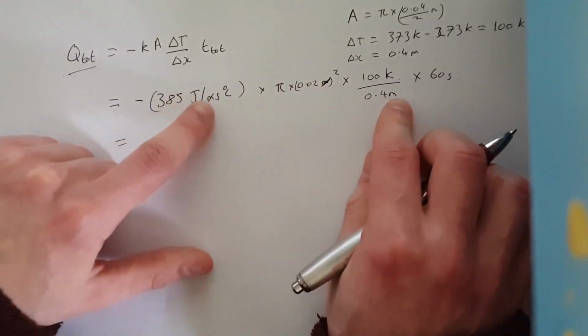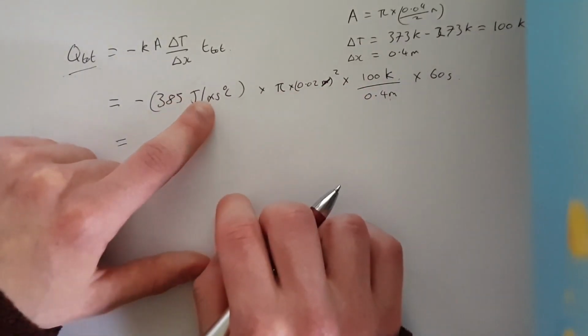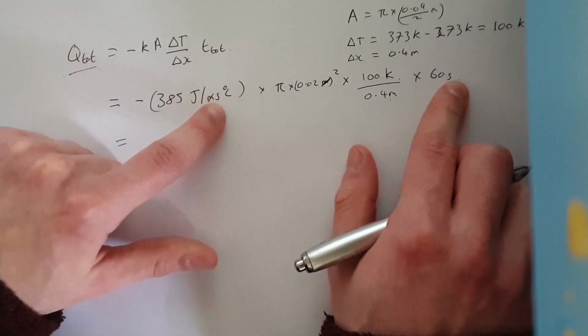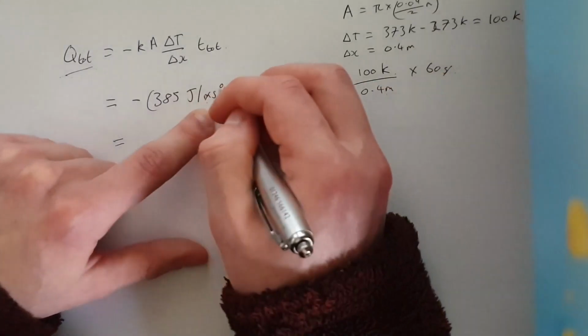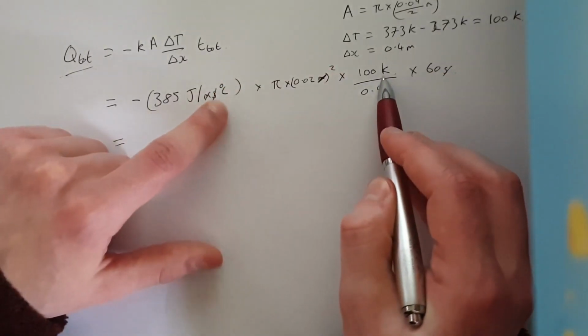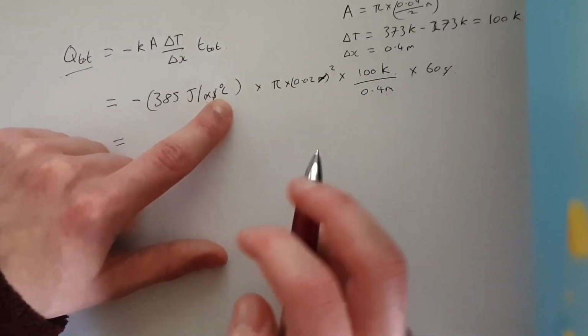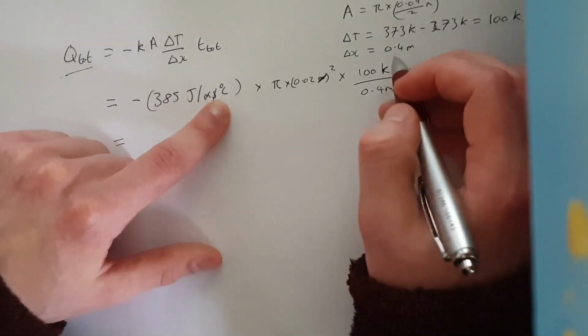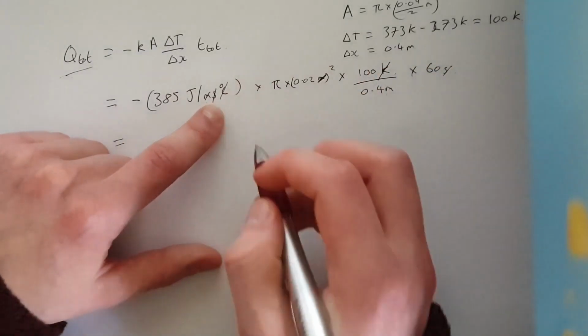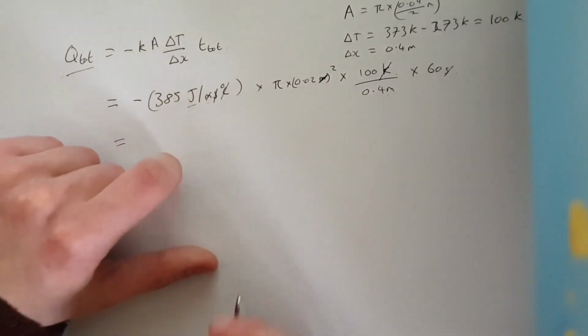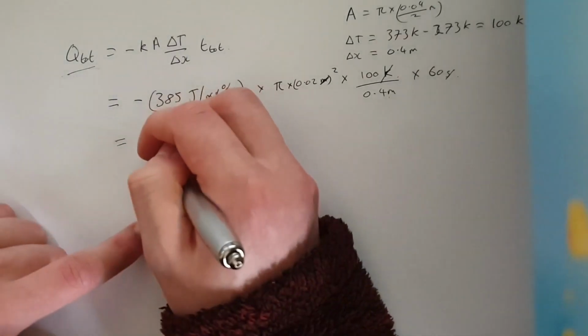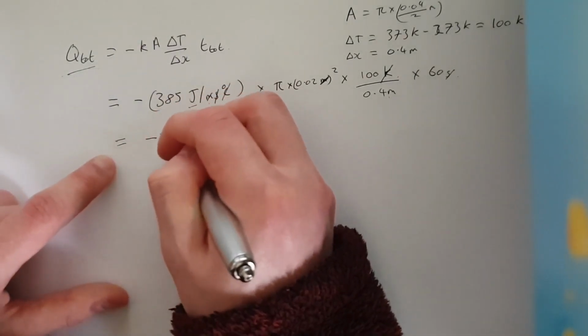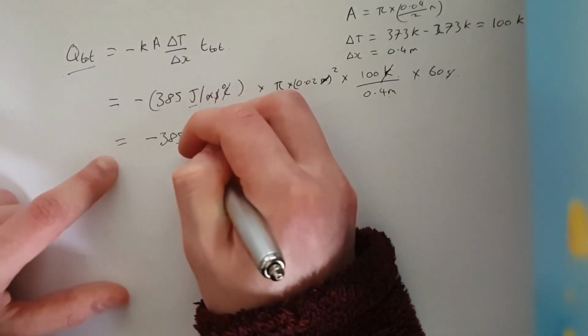So all the meters cancel. We've got seconds and 1 over seconds, so they cancel. And then we've got Kelvin and 1 over degree C, which we know 1 Kelvin is 1 degree C, so they cancel. And we're left with just joules. So we know that our answer then is minus 385 joules.